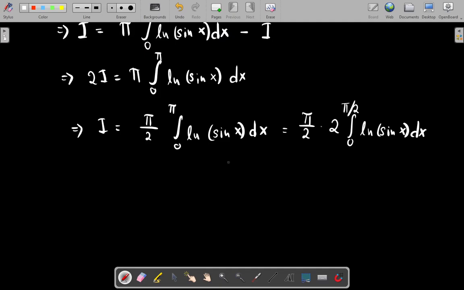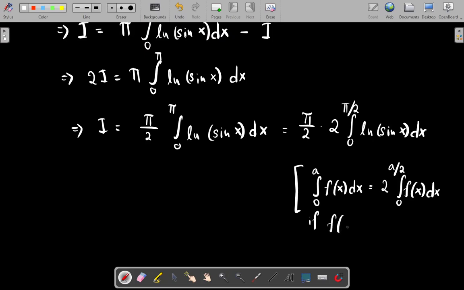This is the property: if we have the integral from 0 to a of f(x) dx, this will become 2 times the integral from 0 to a over 2 of f(x) dx, and this is valid if f(a minus x) is equal to f(x), right?